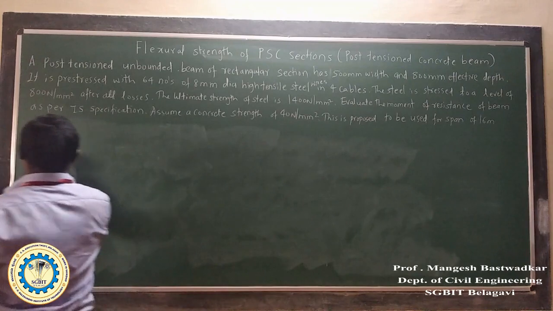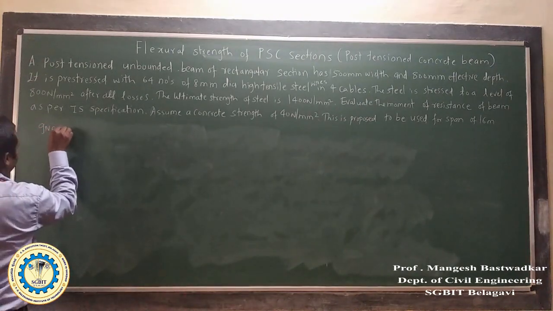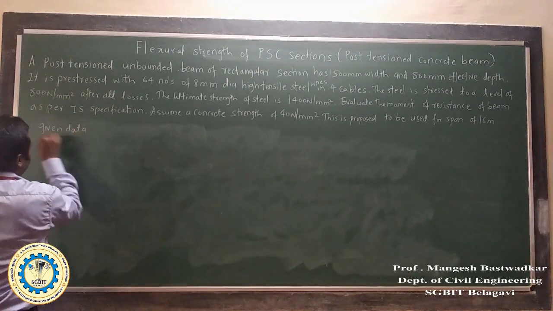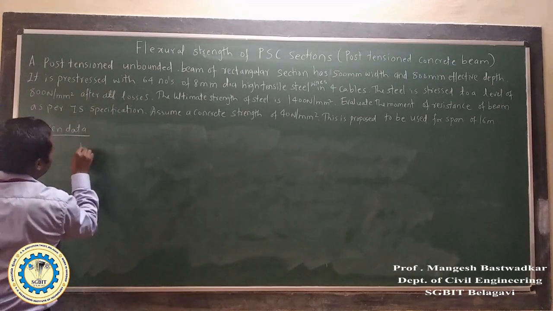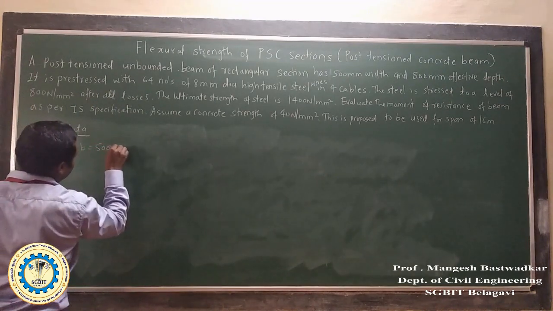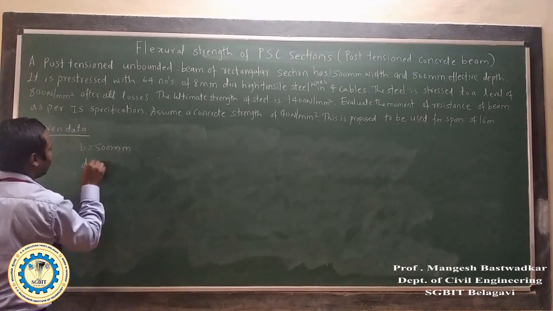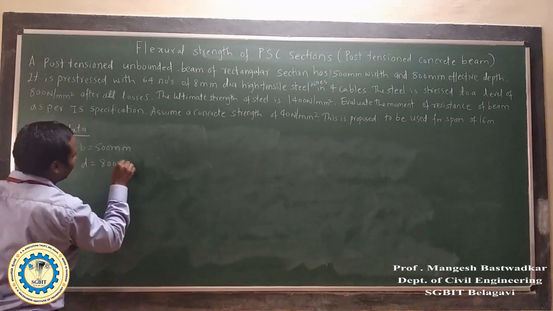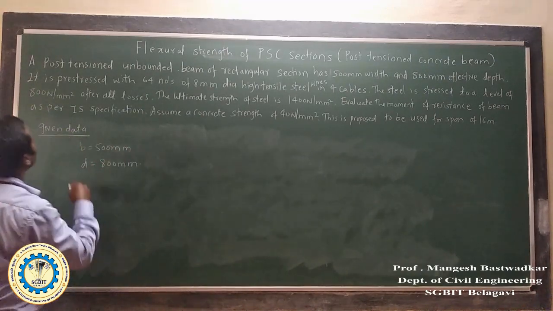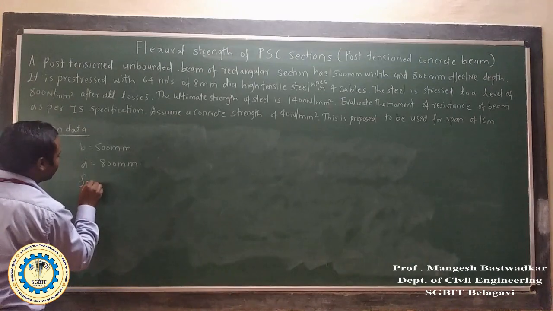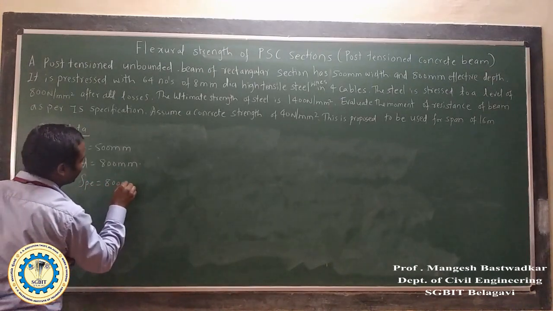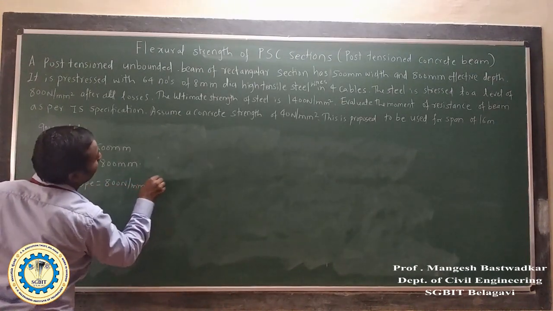So we'll write the given data. Width of the beam is given 500 mm. Effective depth of the beam is given 800 mm. Then FP effective stress is given 800 Newton per mm square.